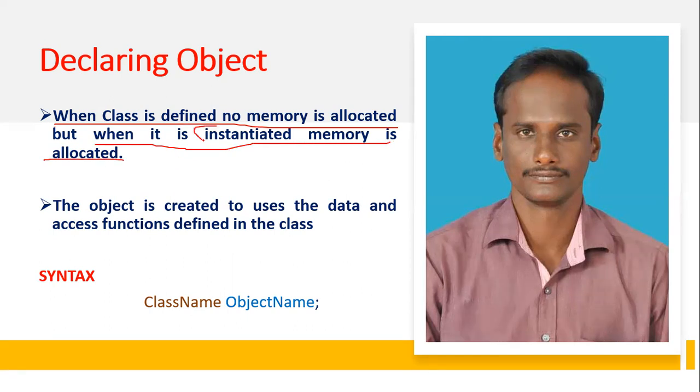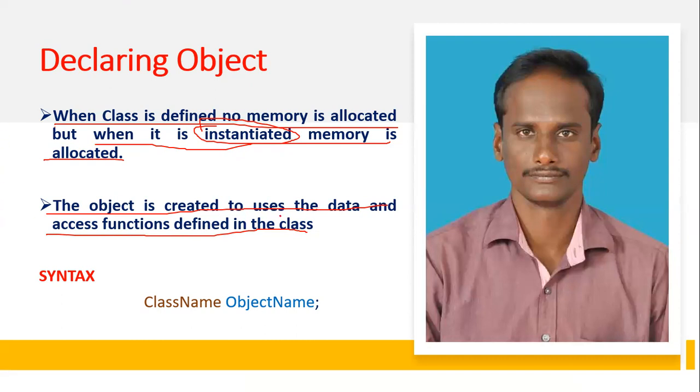Instantiated in the sense, what is an instance? Instance is an object. A class instance is an object. While creating an object, the memory is allocated. The object is created to use the data and access the functions defined in the class. When you are creating an object, that time the memory is allocated for the data members.